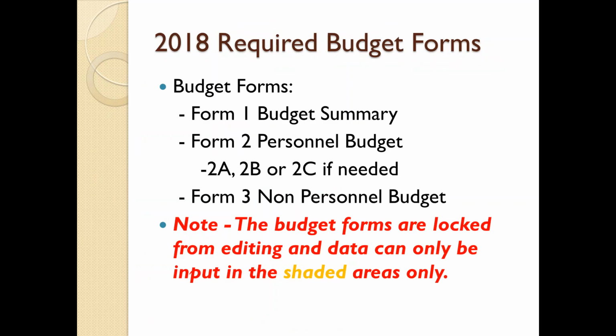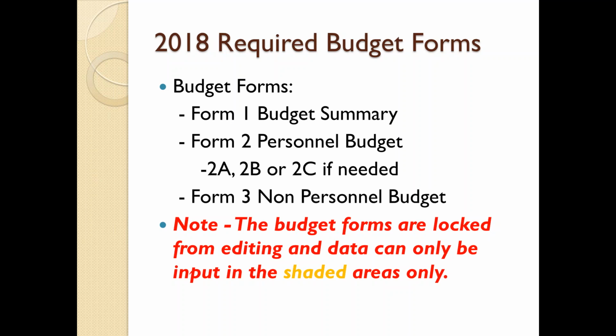So in order to complete your budget form, you would have to know the forms, and this is what this slide indicates, the forms that are required to have a complete budget package. So forms required are Form 1, being your summary page, Form 2, your personnel budget page, and Form 3, your non-personnel budget page. Now, the thing to note with these forms is that they are all linked.